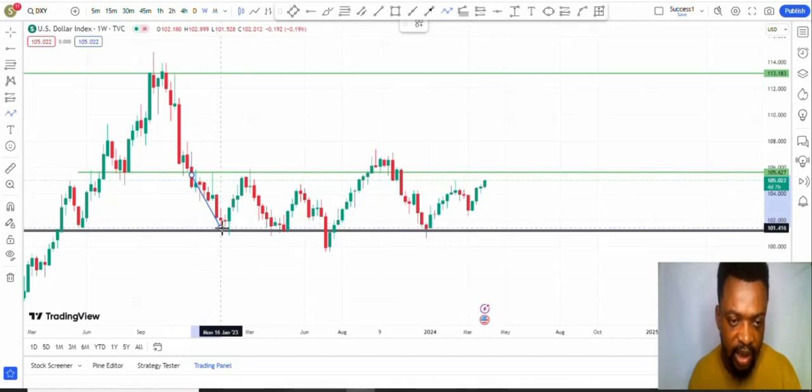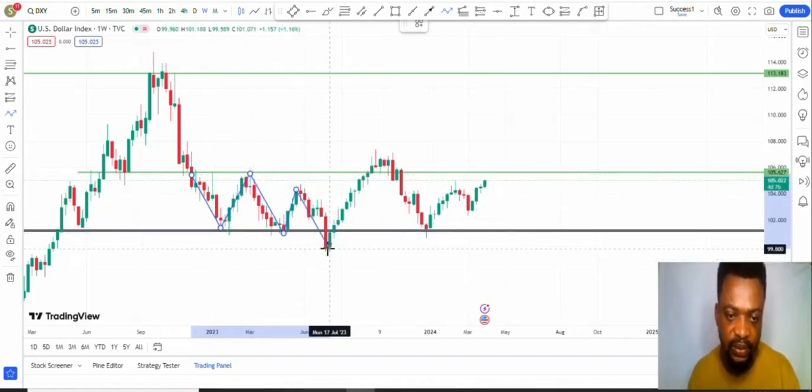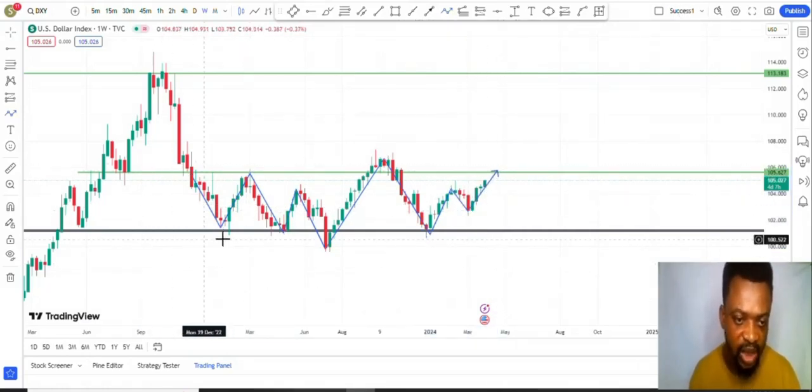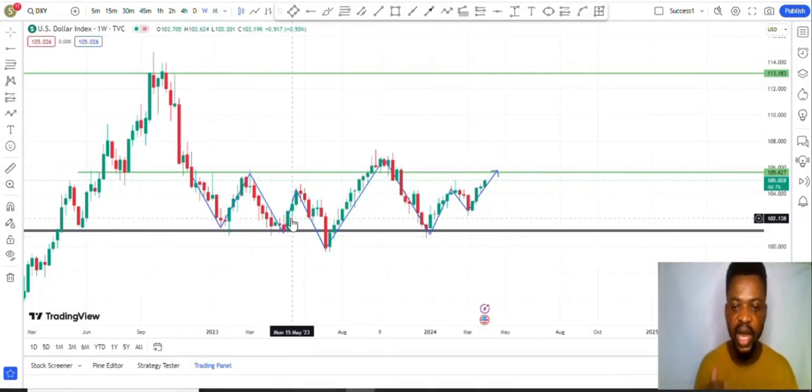This is why you should see how the structure is. It went high, came back to this, went a little like this, came back a little lower, and now it's going like this. So there's not been a consistent flow, like the higher highs, higher lows.